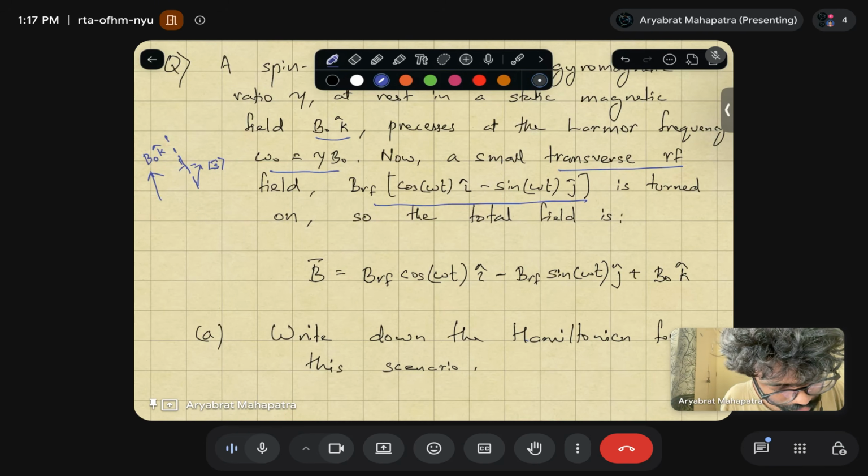So this thing is precessing your spin vector, but now you also have additional two components of magnetic field. On top of this, you also have a By component and also a Bx component.